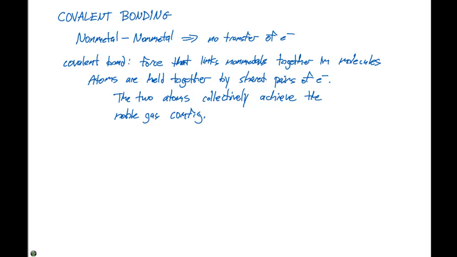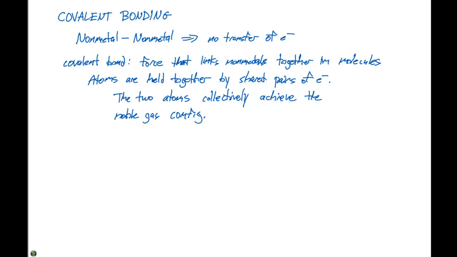And typically, when we observe molecules that form covalent bonds, they have a very similar electronegativity, and that electronegativity is pretty high. So they really don't want to share the electrons, but they're willing to do so because that's the only way that they can achieve an octet.